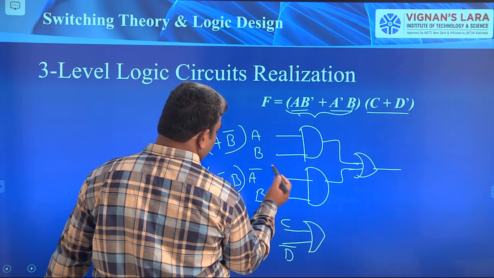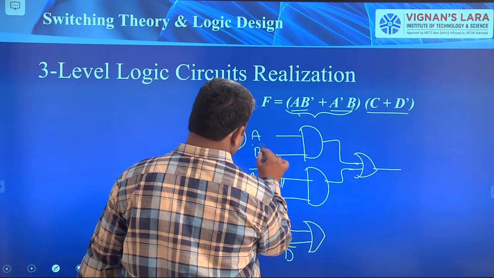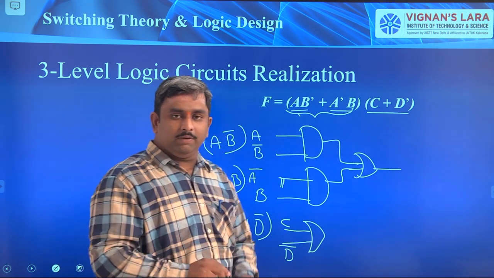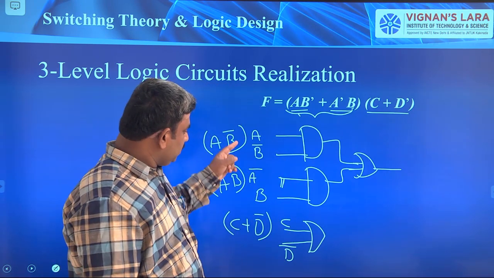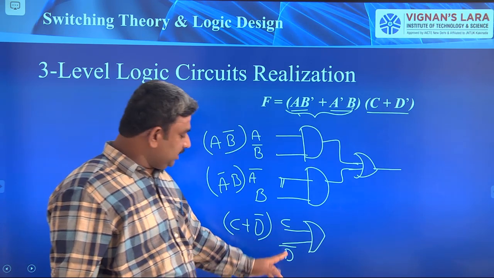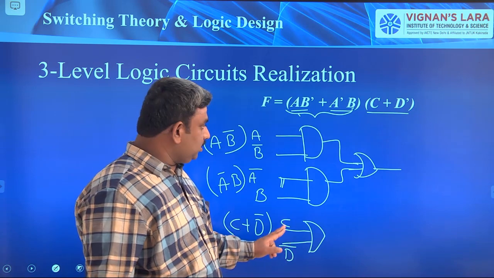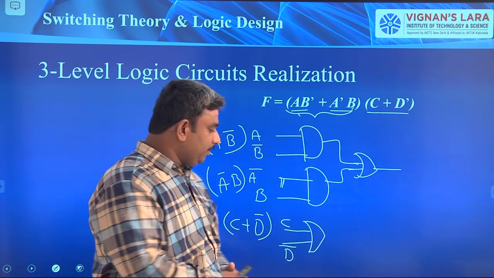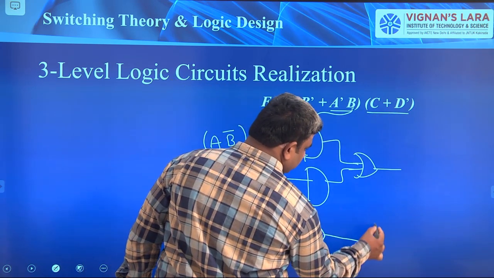You have to represent all signals with either bar representation or apostrophe representation. For C plus D bar we use an OR gate operation.